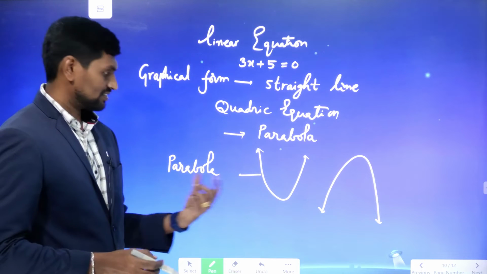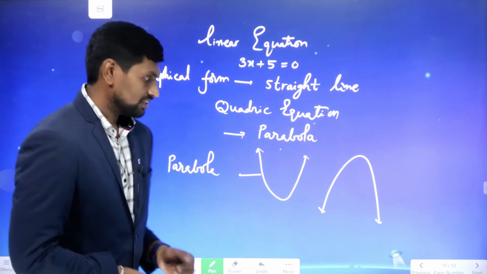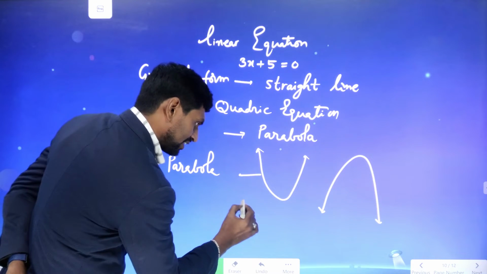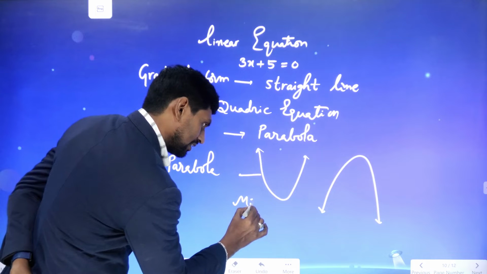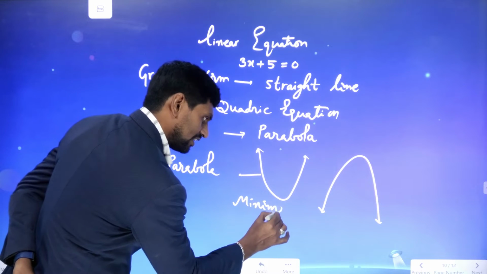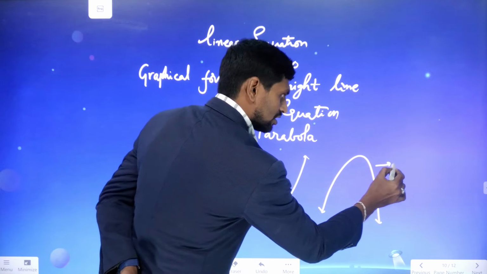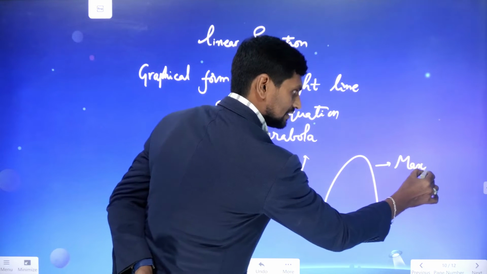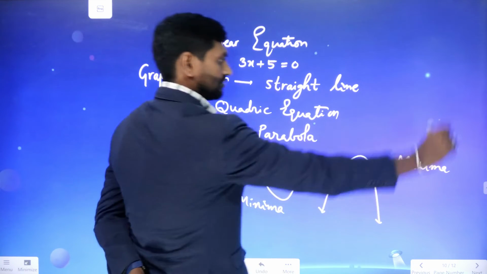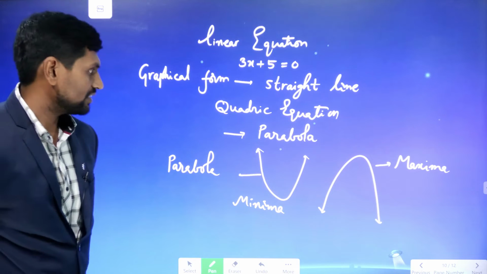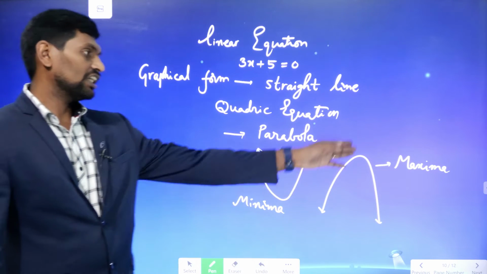It can be in both ways, this shape and this shape. If it is in this shape, it is called minima. This shape is called maxima. That is minima and that one is maxima.